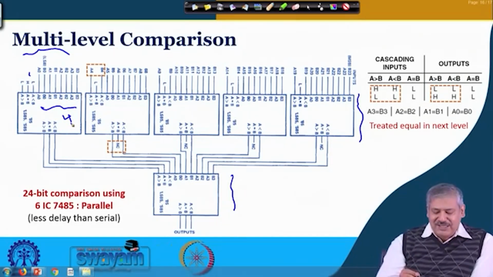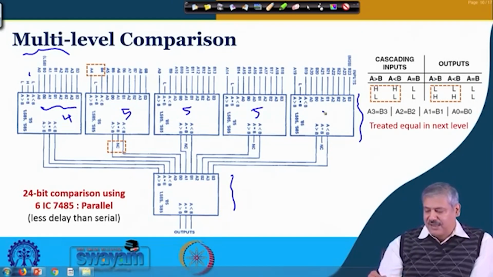Those are placed, 5 of them in the first stage, 5, 5, 5 and 5. Then these outputs are put over here. The first one takes these 2, and the rest 4, A0 B0 to A3 B3, are coming from the rest 4. So, how does it work?